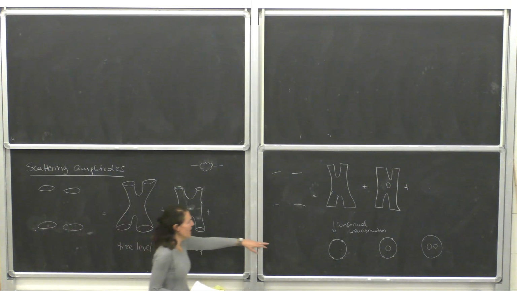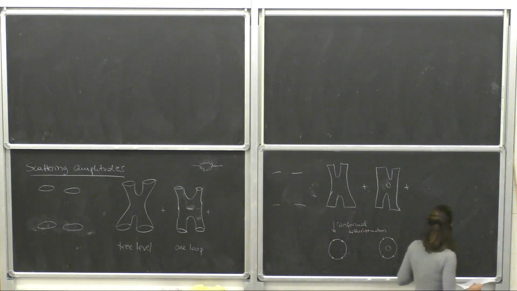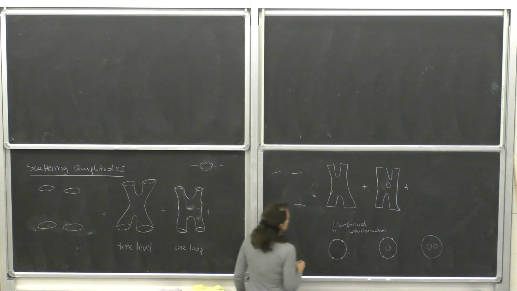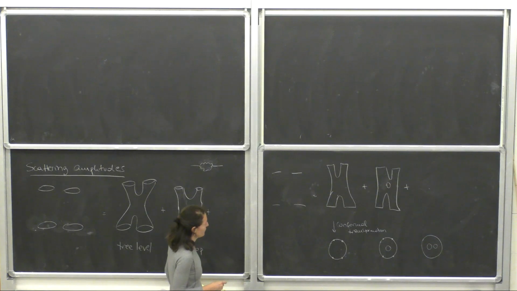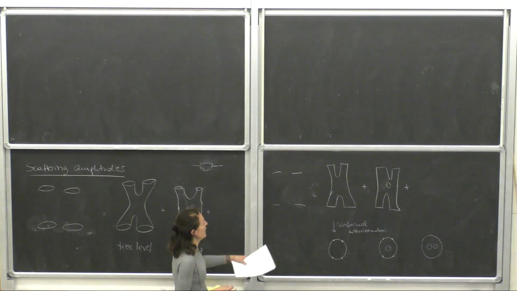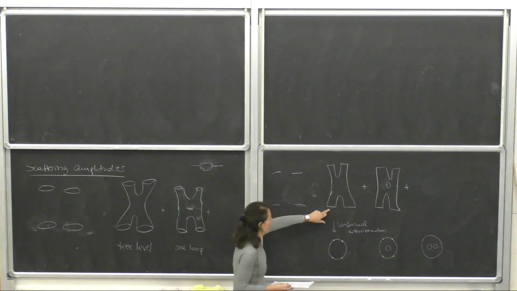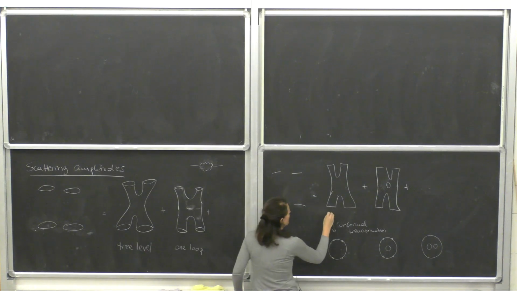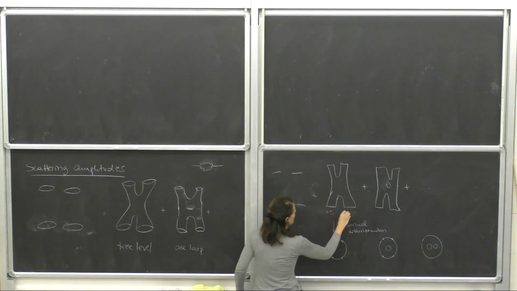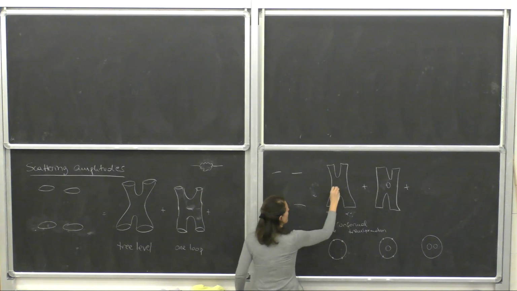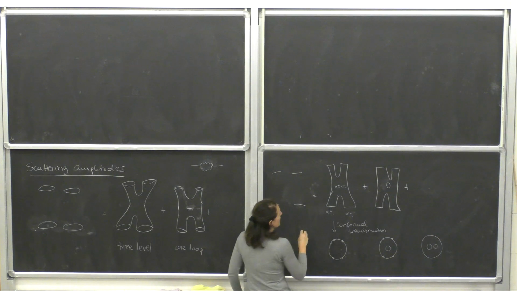But let me say one thing, and maybe that helps. For example, a state with alpha mu minus 1 and alpha nu minus 1 can combine into some alpha mu minus 1, alpha nu minus 1 state.